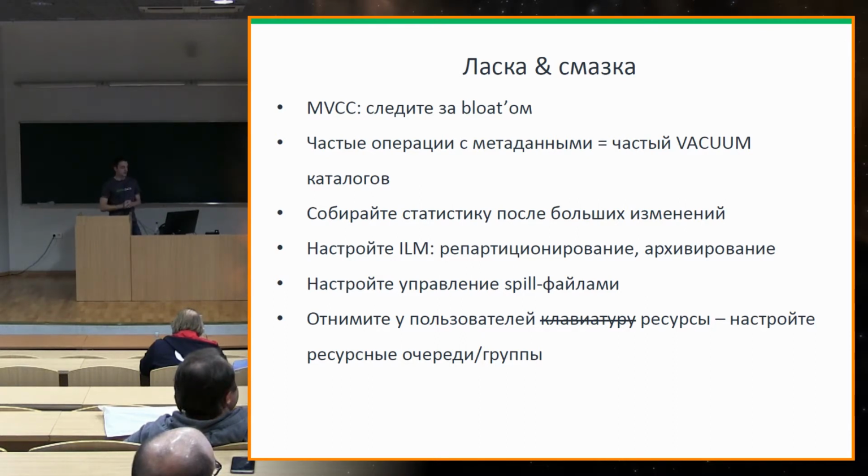And if you use partitions, and I hope that you want to use them now, you will need a process that will transfer data from fresh partitions to older partitions to a cheaper data warehouse. It's also quite easy.